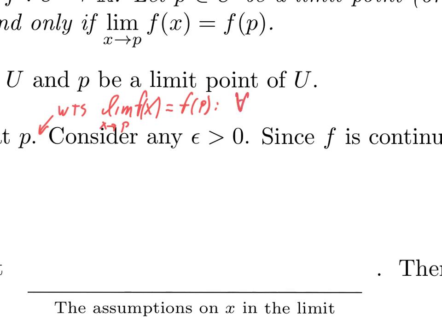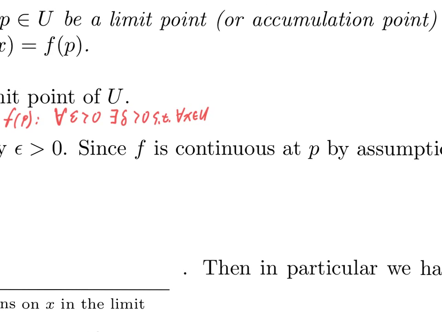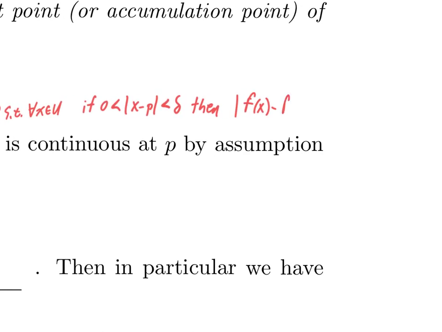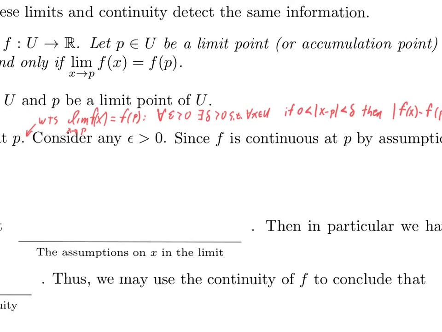I need to show that for every epsilon bigger than 0, there exists a delta bigger than 0, such that for all x in the domain U, if 0 is less than the absolute value of x minus p is less than delta, then the absolute value of f of x minus f of p is less than epsilon. That's what I need to show.